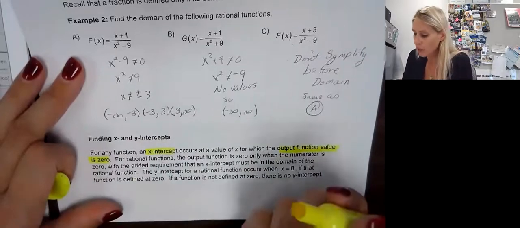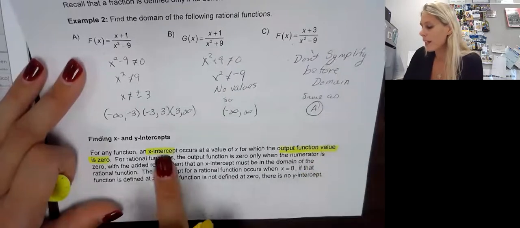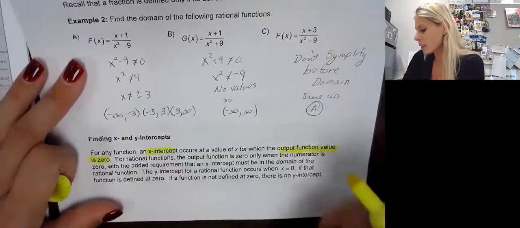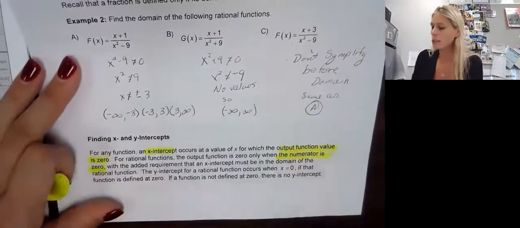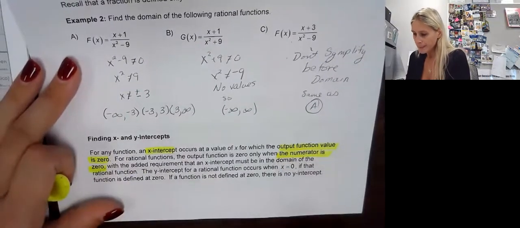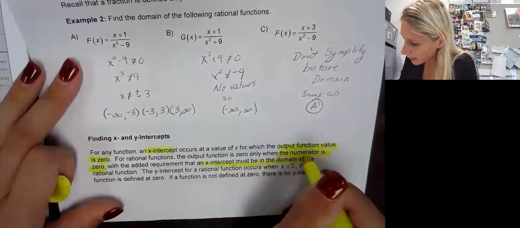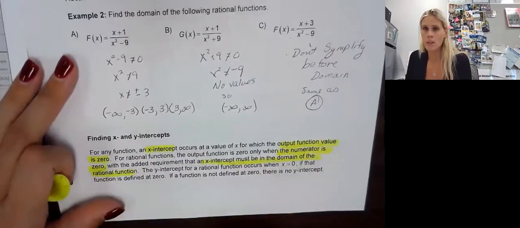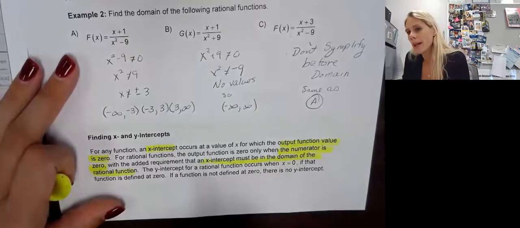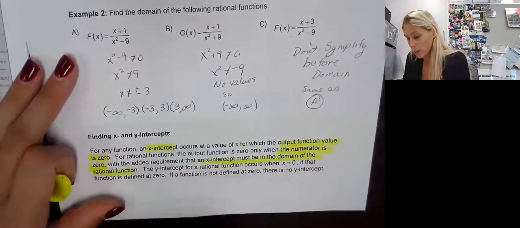For rational functions, the output is 0 only when the numerator is 0. So the idea is to find the x-intercepts, guys, we set the numerator to 0 and solve. And we have to keep in mind that the x-intercept must be in the domain of the rational function. If it's not in the domain, it's probably a hole and it's not included, okay?